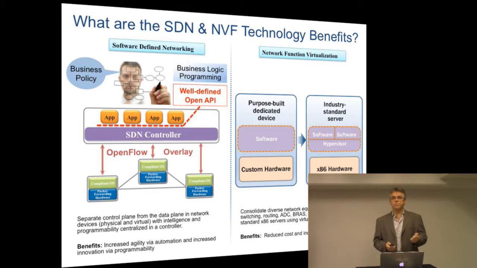I just used the term software application twice, in the context of SDN and NFV, and that's going to be key throughout this presentation. Just remember this: both NFV and SDN do promote a culture of innovation because it's much easier to innovate and experiment with software, right?